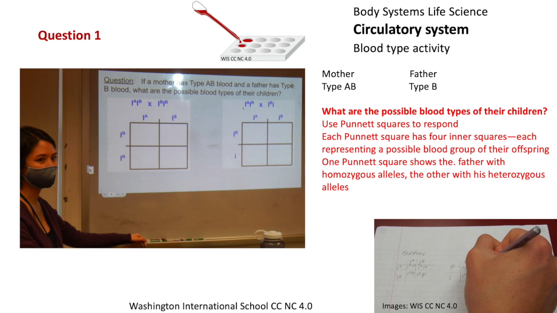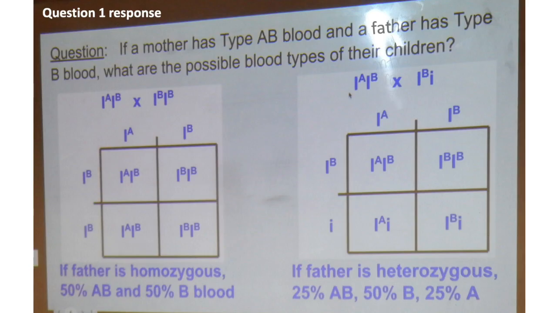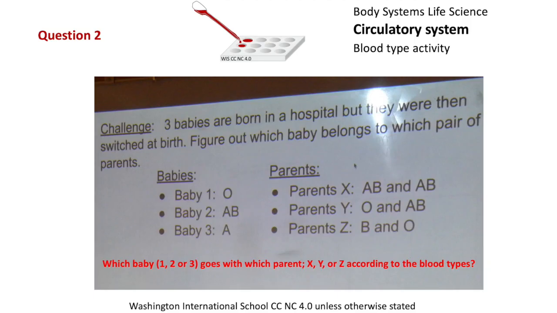Use Punnett squares to work that out and pause until you get a response. And one Punnett square shows homozygous alleles on the left, and on the right here with heterozygous alleles. And pause until you have a response. So you can check your response with that, go through that fairly quickly.